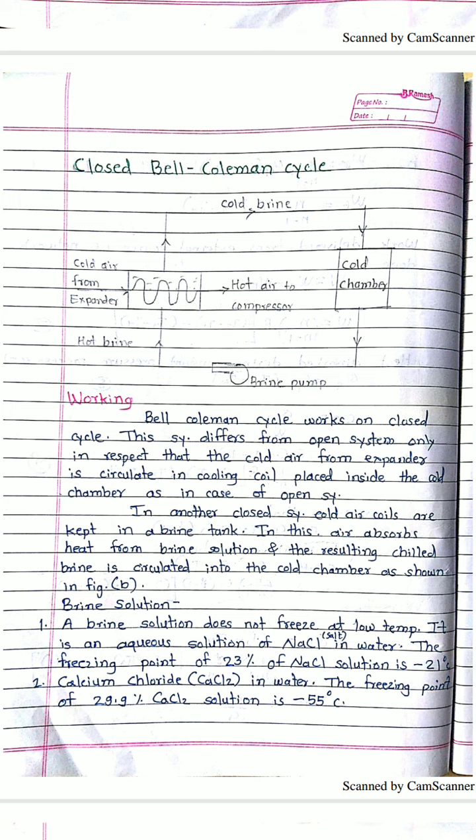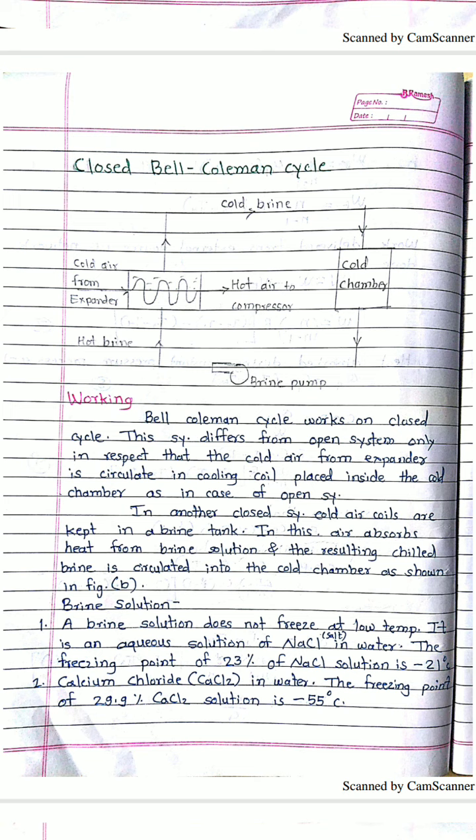So this brine solution circuit is a complete circuit, and whatever the hot air from the refrigerator space, it again goes to the compressor, and then it goes to the condenser and expander. In this way, this closed loop Bell Coleman cycle can be operated.